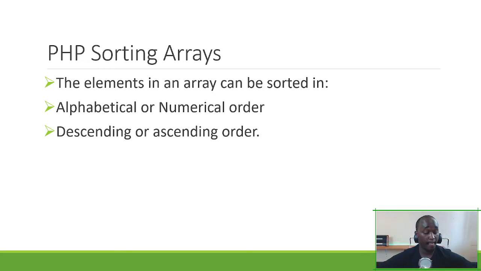Okay. Then an important skill is knowing how to sort arrays. Now, the elements of an array can be sorted in alphabetical or numerical order, either in descending or ascending order.